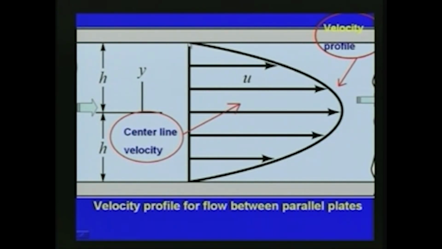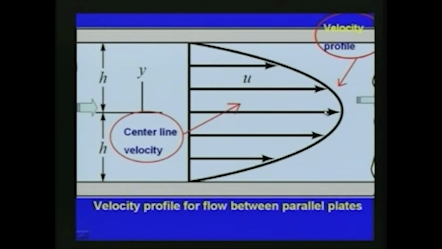So on the upper plate, where the contact with the fluid takes place, the velocity will be 0, and here also the velocity will be 0. Since the fluid is between two parallel plates, the velocity will be maximum at the center, and if you plot the velocity, it will be parabolic in nature.